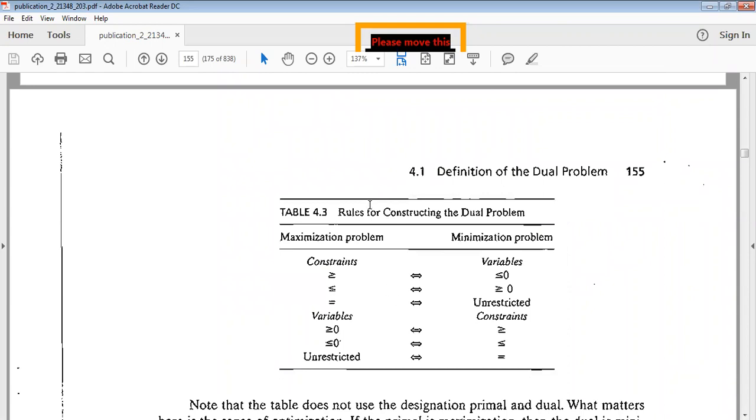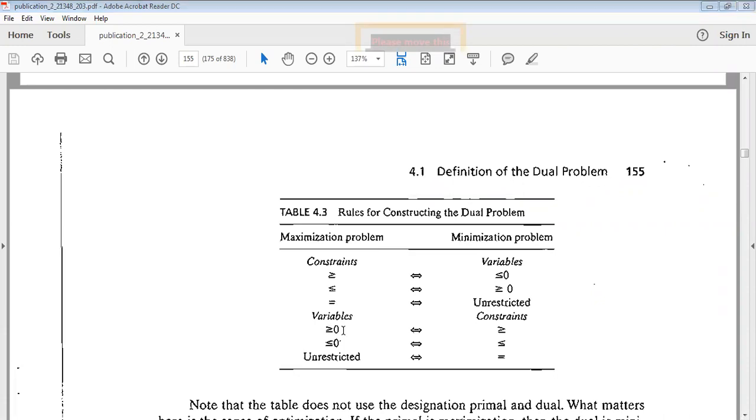One more rule for constructing the dual problem. A maximization problem will be converted into a minimization problem. Constraints and variables: greater than or equal to, it will become less than 0. Less than or equal to, it will automatically become greater than 0. Is equal to means unrestricted.